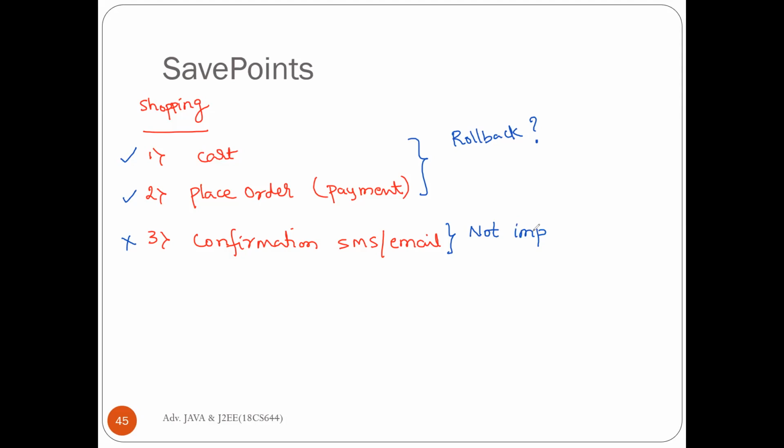In the J2EE component, we can control the number of tasks that are to be rolled back using the concept of save points. The save point was introduced in JDBC 3.0. It is just a virtual marker.